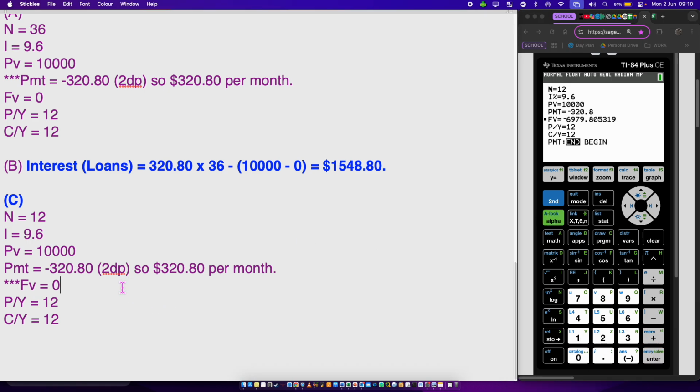That tells me after 1 year, negative $6,979.81 to 2 decimal points. So $6,979.81 left owing after 1 year.